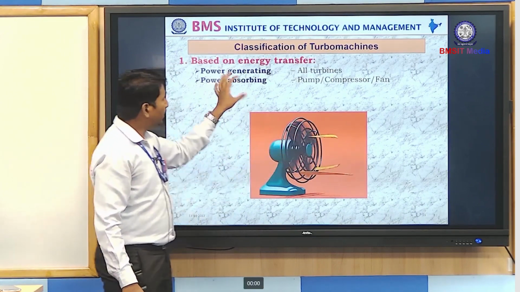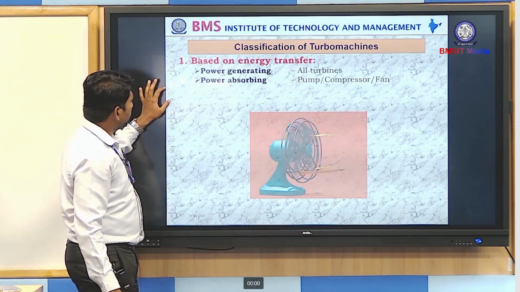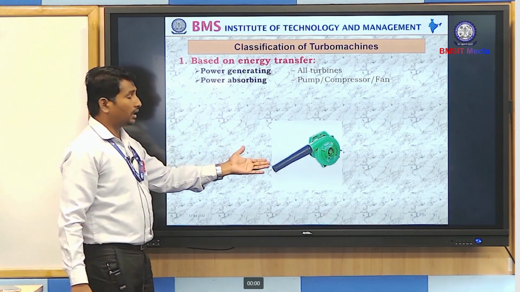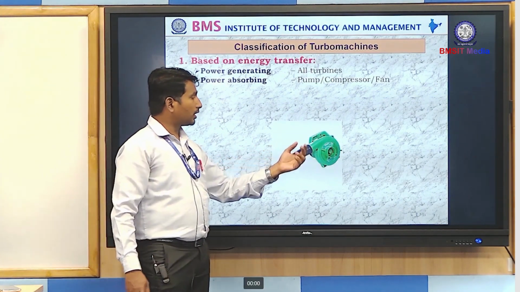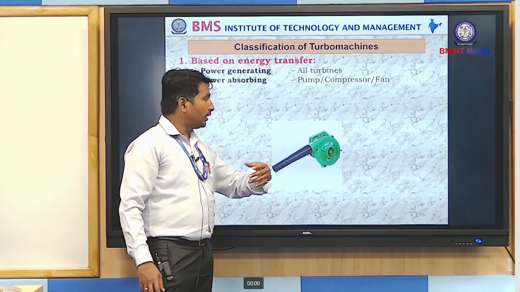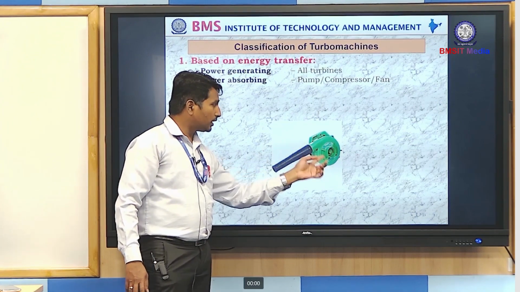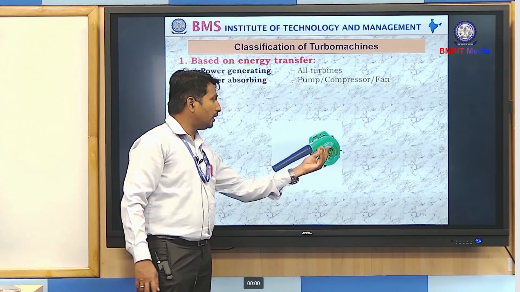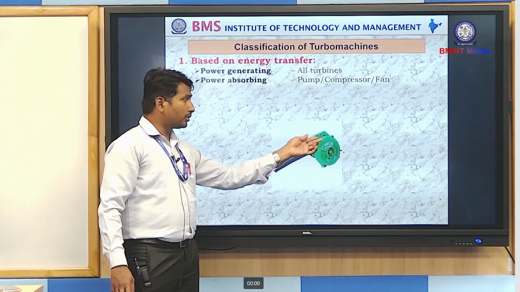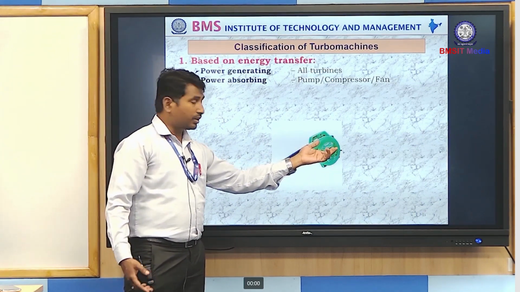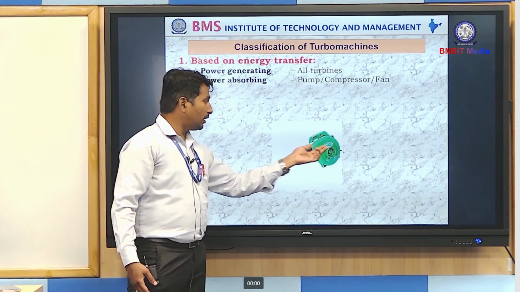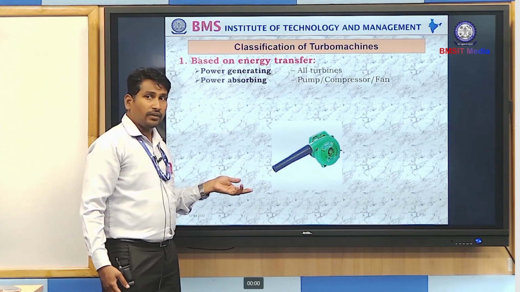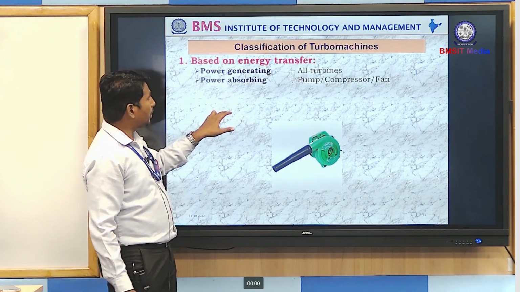So it is called a power absorbing machine. Next is the blower, where again the working medium is air. We supply electricity, the motor starts rotating, a vacuum is created and air enters. The centrifugal force of the rotor is converted to higher pressure, the pressure energy of the air, and then the air is thrown away from the blower. So it is called a power absorbing machine.